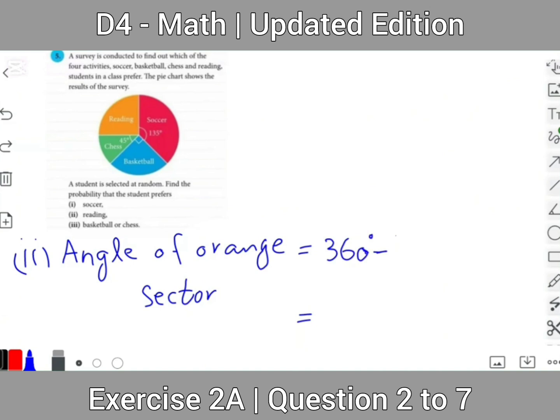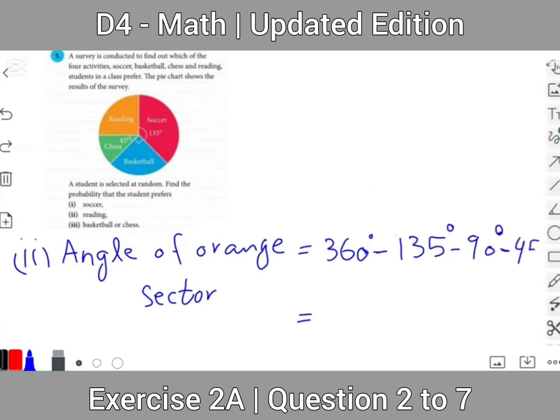angles of sectors that are given in the pie chart. So the angle of the sector for the red region is 135, and the angle of the blue sector is 90 degrees. Take away the angle of the green sector, which is 45.